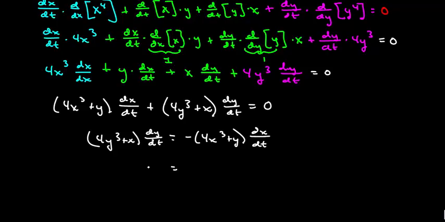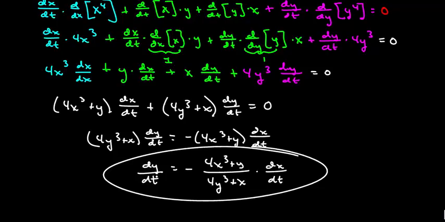And so if we solve for dy/dt, we get negative 4x to the third plus y over 4y to the third plus x times dx/dt. So this is the relationship between dy/dt and dx/dt. The relationship between how y changes with respect to t and how x changes with respect to t is given by this equation.